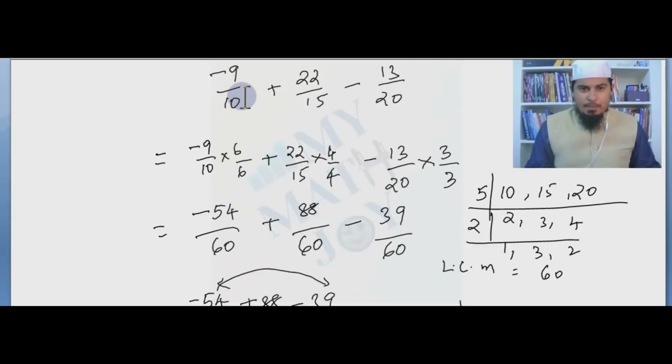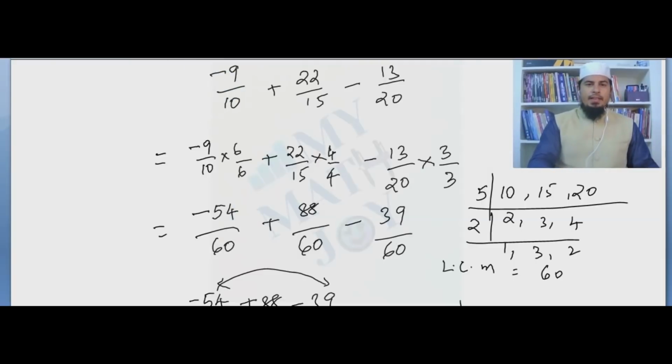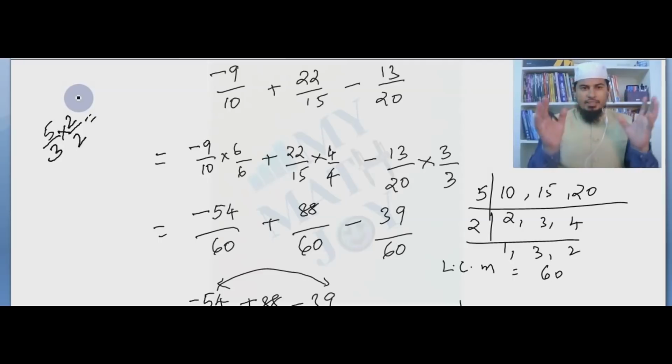So we are converting each rational number to its equivalent rational number by multiplying and dividing by some number. If you have a rational number and you multiply and divide by some number, the value doesn't change. For example, you have 5 by 3, you multiply by 2, divide by 2, then this value doesn't change. Rather, the numbers in the numerator and denominator change, whether increasing or decreasing.